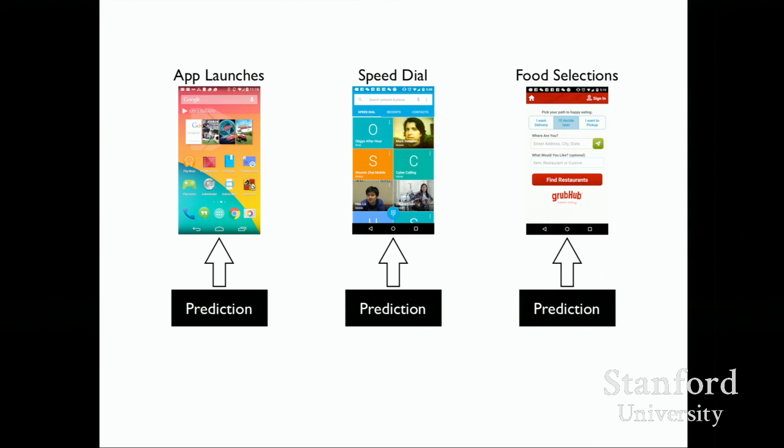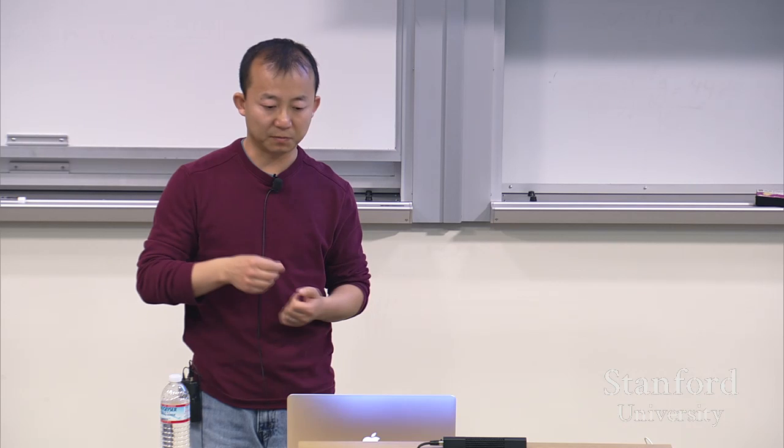But the current problem here is that developers often need to develop prediction components for each of these applications, right? So it involves a lot of technical expertise, such as machine learning, and it introduces repetitive engineering effort and uses mobile computing resources.